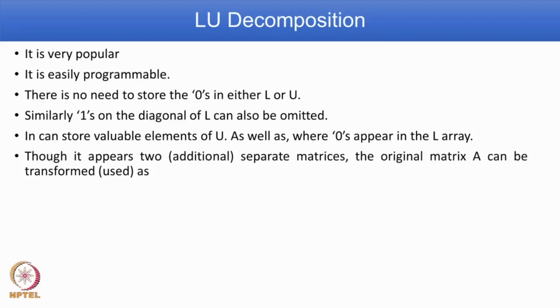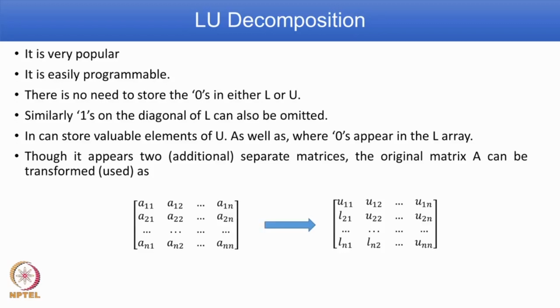Hence, finally, though it appears as if the given matrix A is split into two different matrices, in actual coding it is not so. The given matrix A itself is used to store both L and U as shown here.